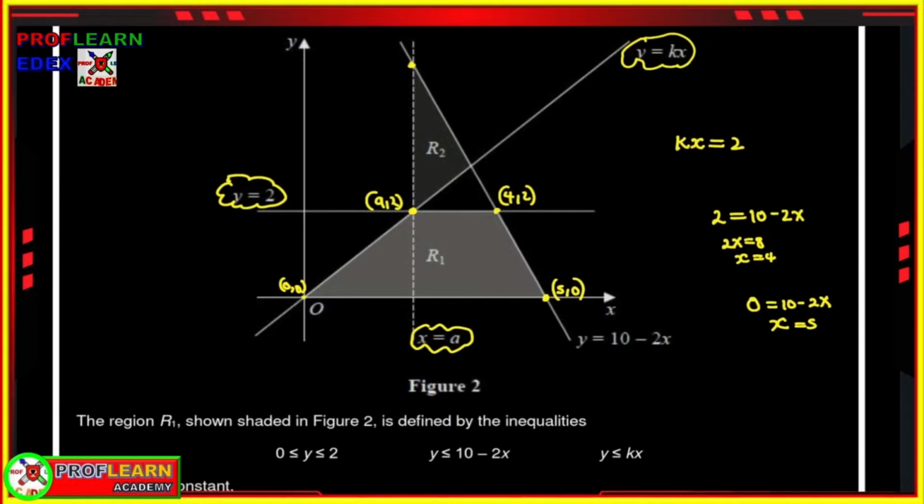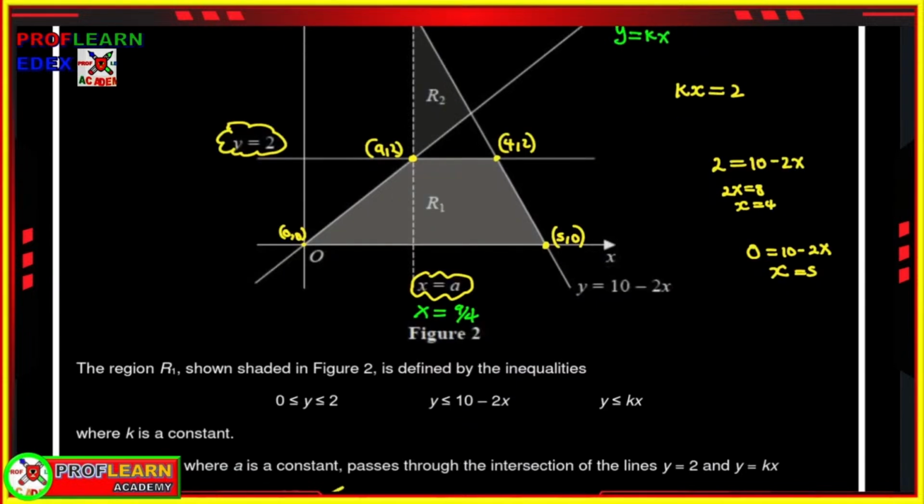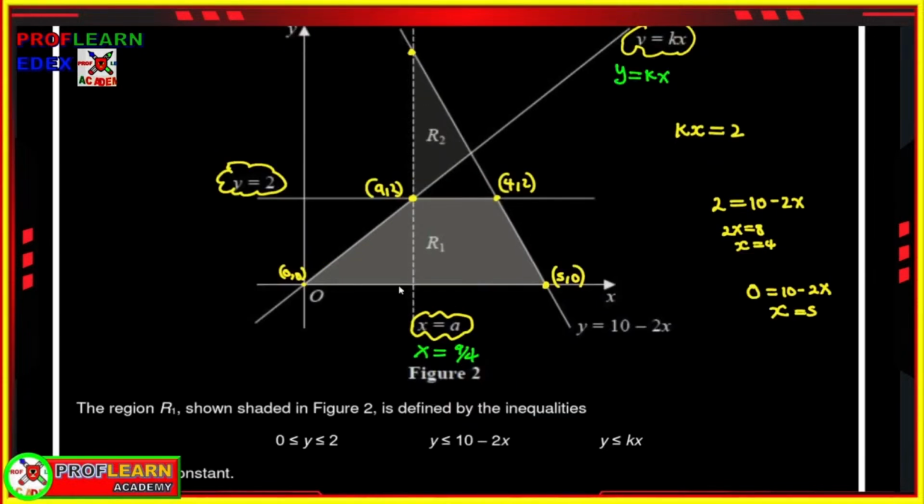So meaning that we can find the gradient of this line whose equation is y equals kx. Remember, k is the gradient of this line, so we can use rise over run, and k is going to be change in y over change in x.